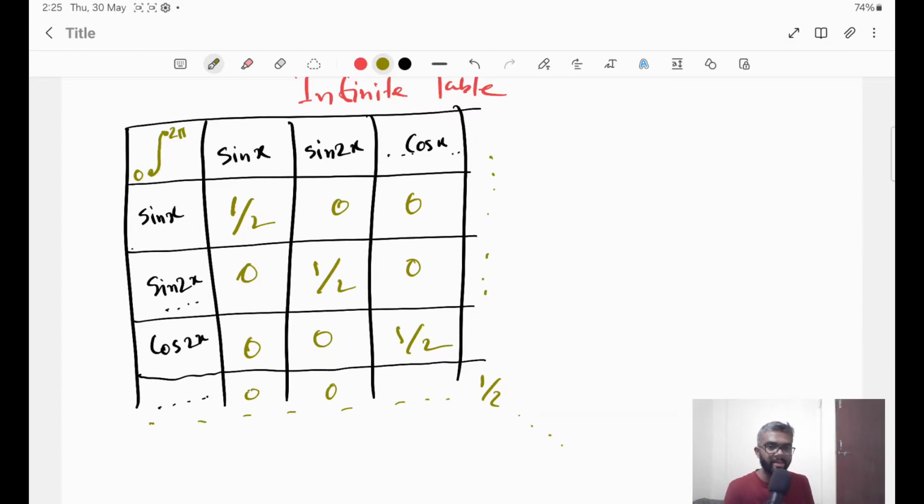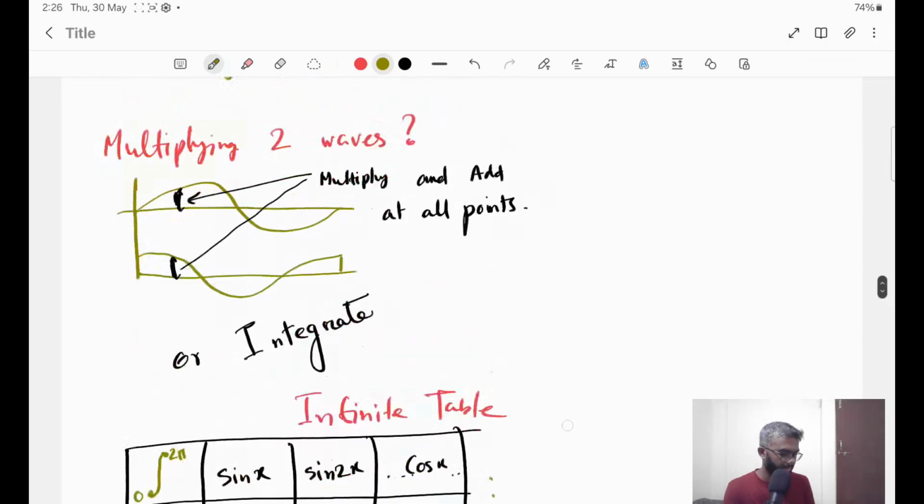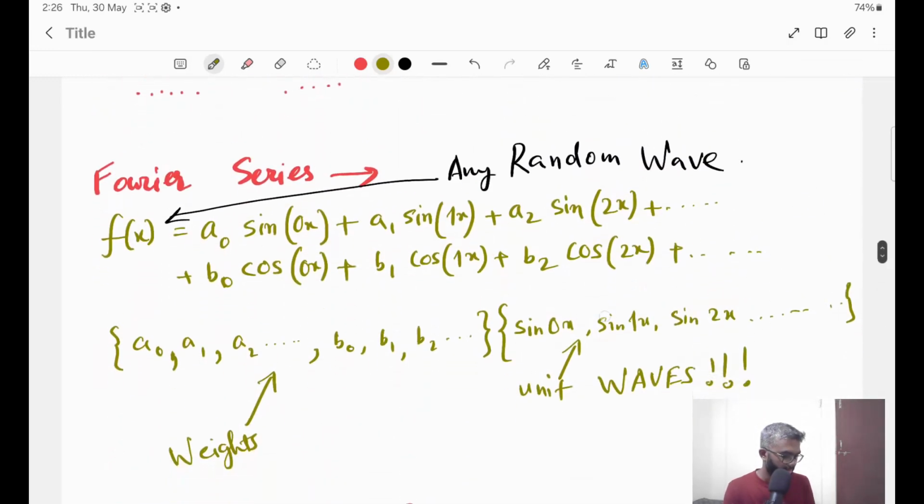And this is the reason Fourier series exists, because all the components of Fourier series, all the fundamental waves, sin x, sin 2x, cos x, and there are infinitely many of them, are all orthogonal to each other. That means I can take any random function and write it in a form like this: a linear combination of sines and cosines, and I can find the coefficient of any term.